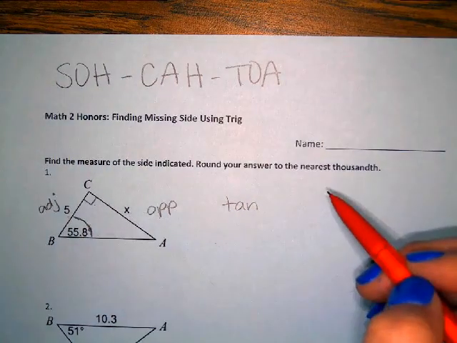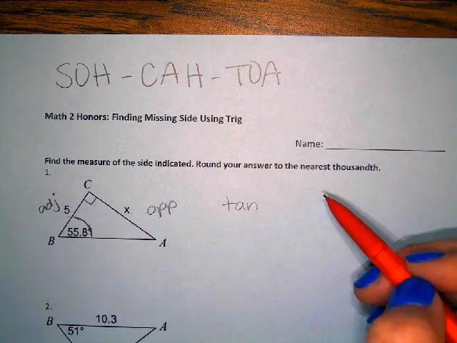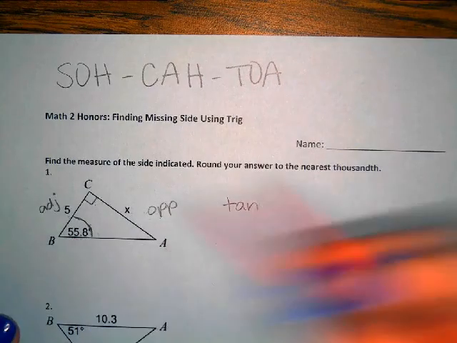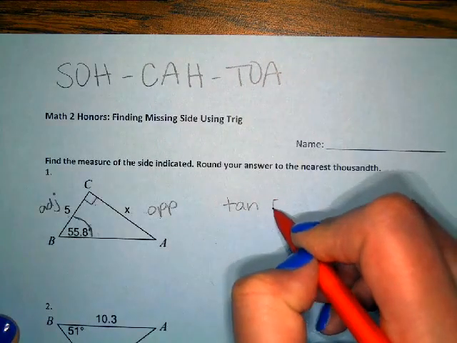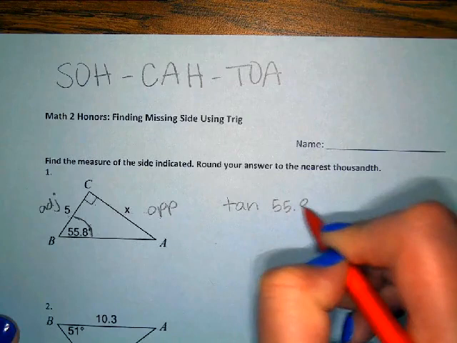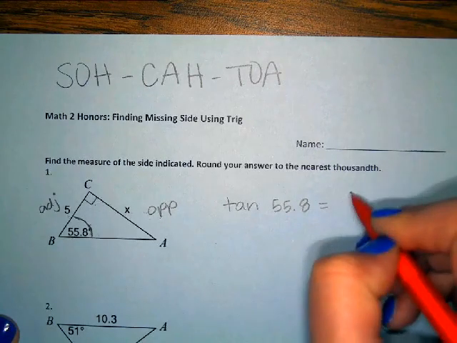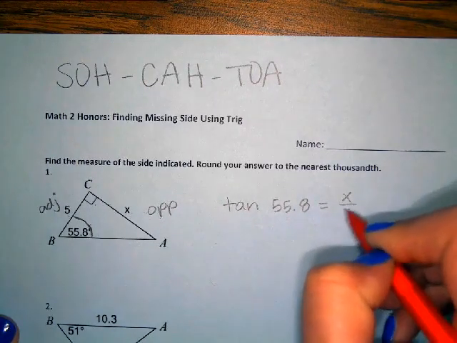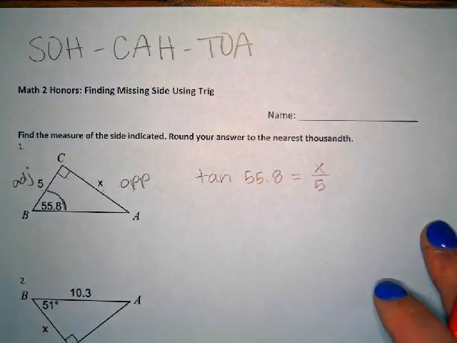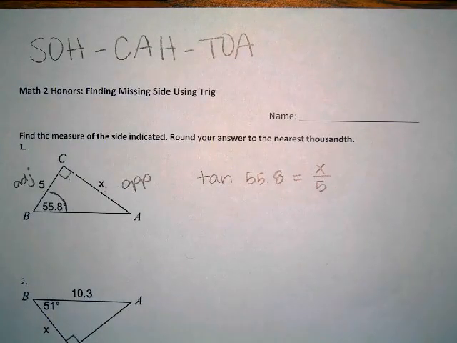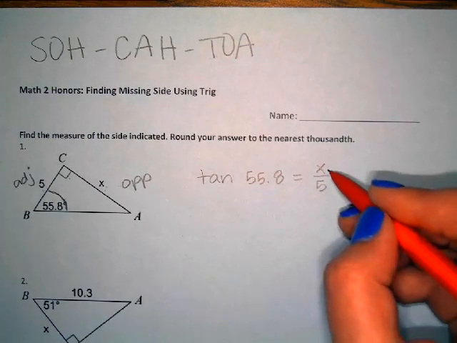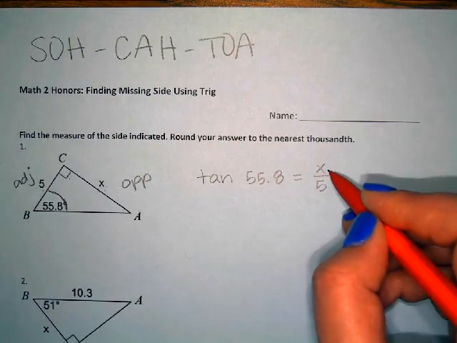So we don't have to write theta this time because we actually know what it is. It's not a variable this time, it's an actual number. So tan of the angle measurement equals opposite over adjacent. All right, and then to solve the missing side, we're going to go ahead and get the missing side alone in the problem.